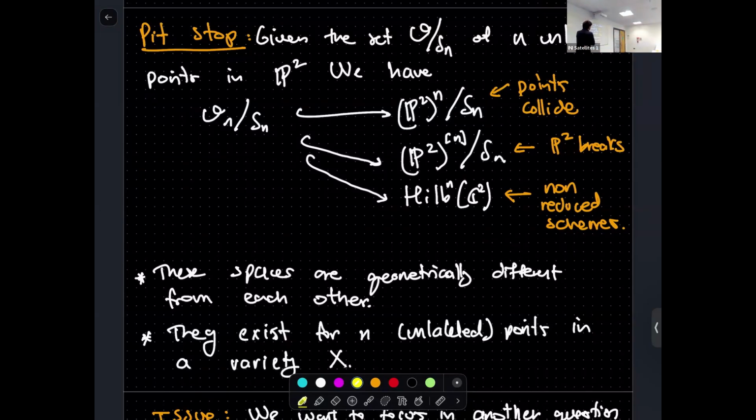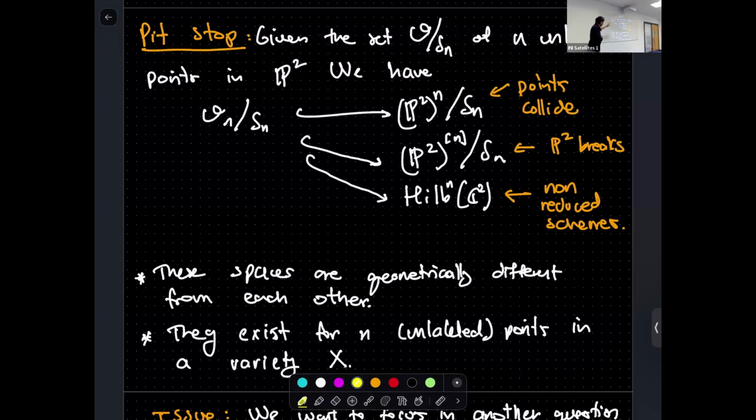You can let the points collide. You can break the P2. This will be your normal closing compactification. This is in some way better behaved. Or you just can keep the P2, but you will allow for non-reduced points.